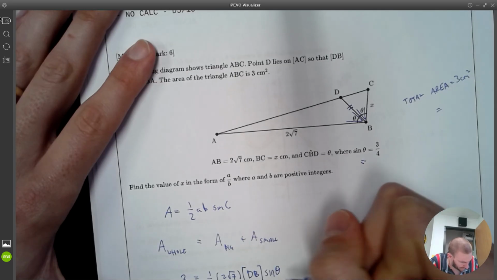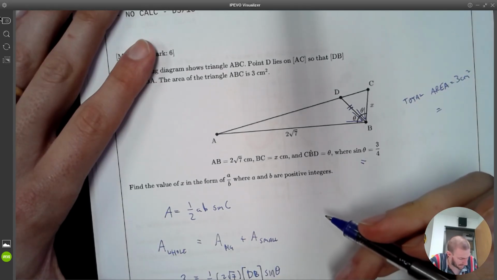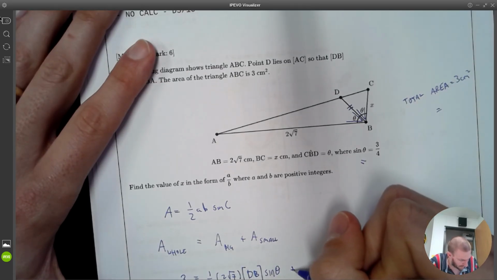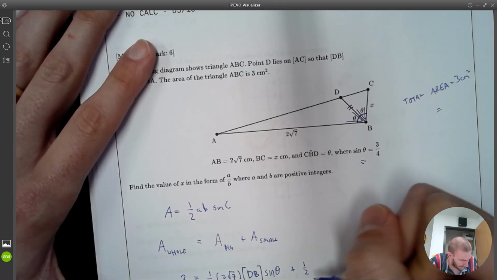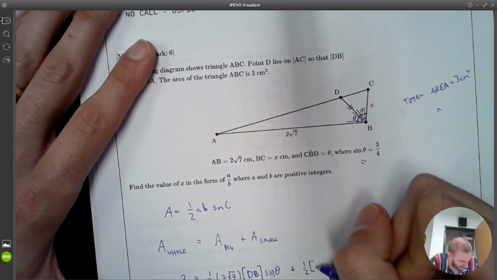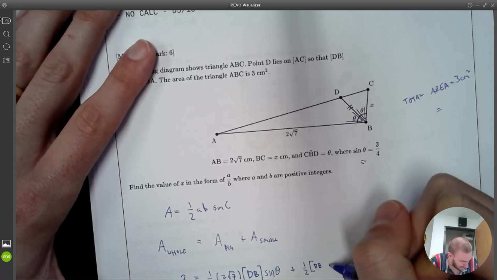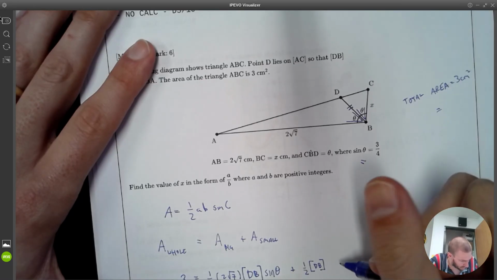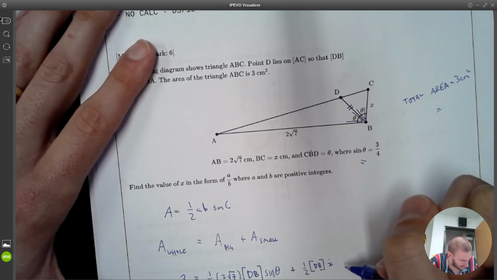Now sine of theta, and I'll replace that next time. And I'll add that with 1/2. Again, I don't know DB. And I don't know X sine of theta.